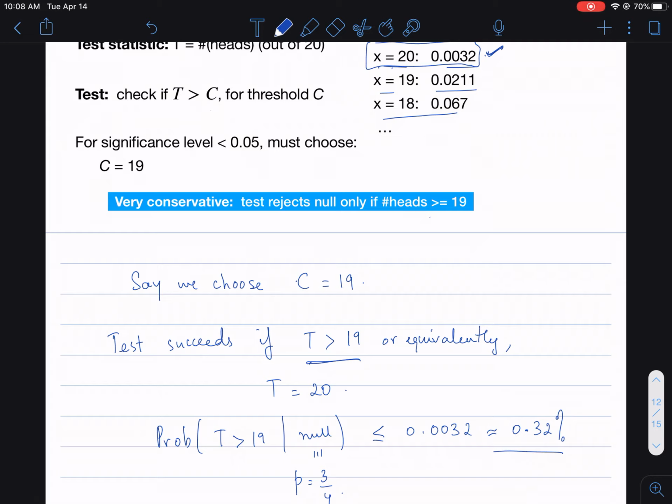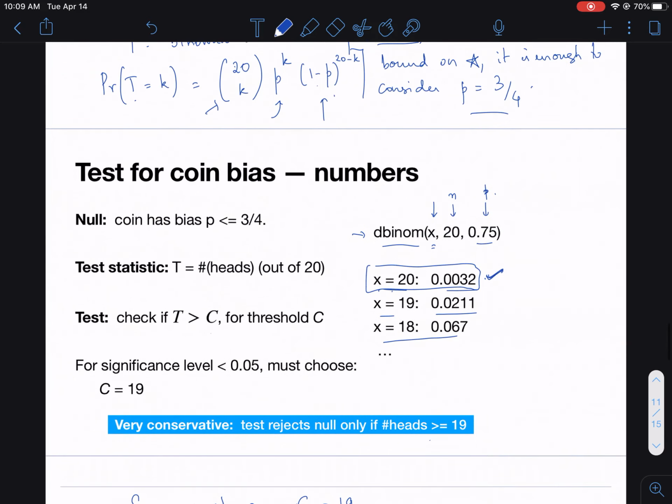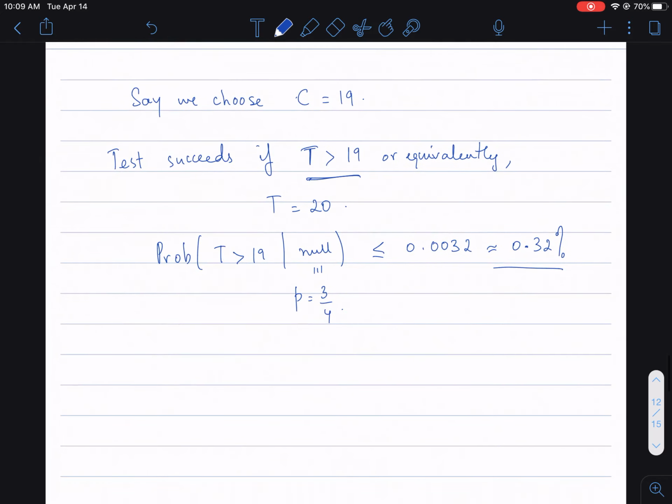But this is nice because what it's saying is that if I choose c to be 19, that is, I accept the test only if all the 20 coin tosses ended up being heads, then under the null, which says that p is smaller than or equal to 3/4, this is a super low probability. Now, what is the bad thing about this test?